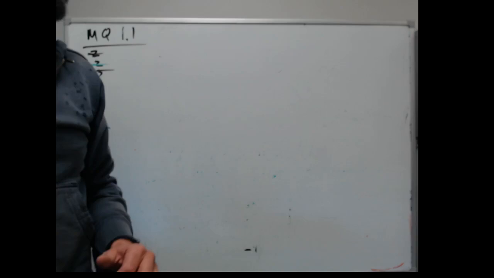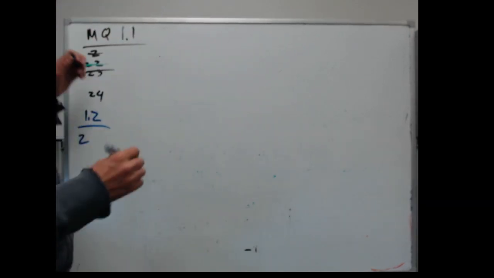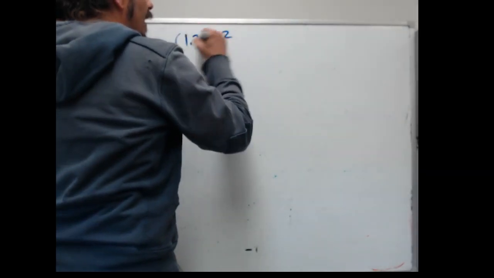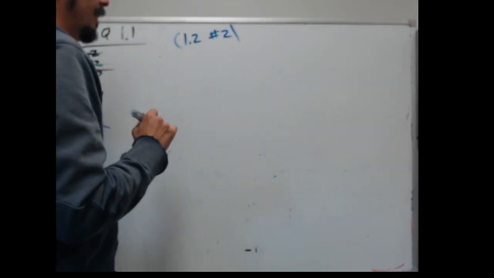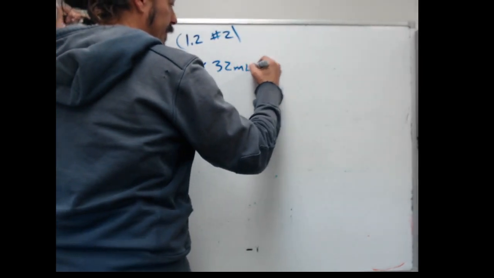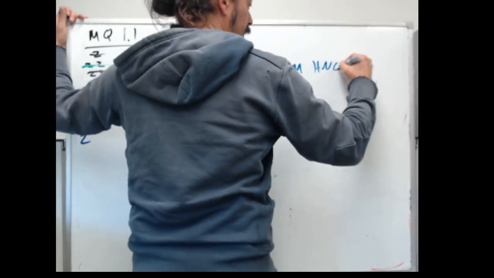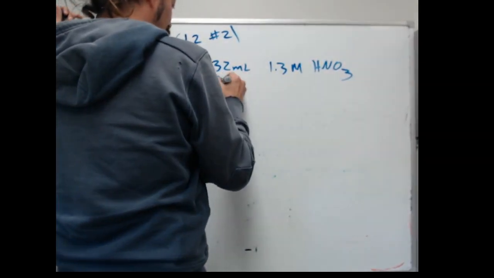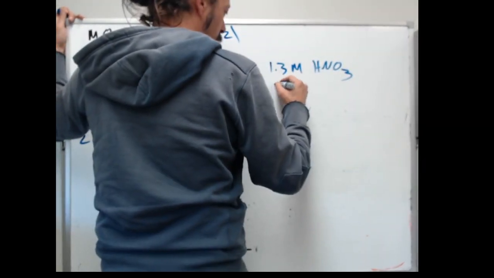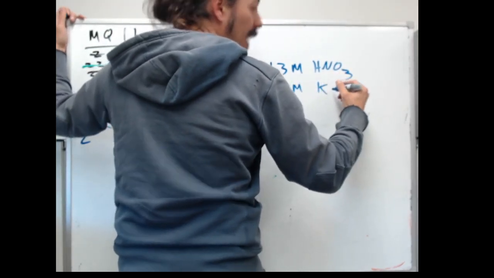Okay, there it goes. So we're going to go ahead and look at 1.2, number 2. Please tell me, what is the problem? You mix 32 milliliters of 1.3 molar nitric acid with 89 milliliters of 0.5 molar potassium hydroxide.